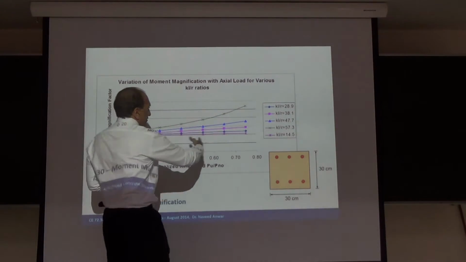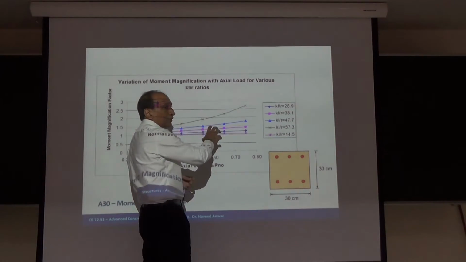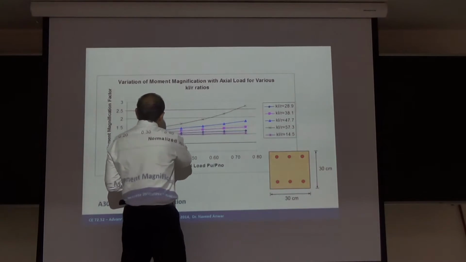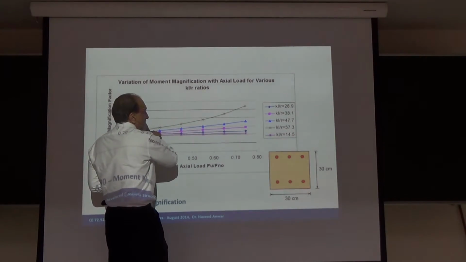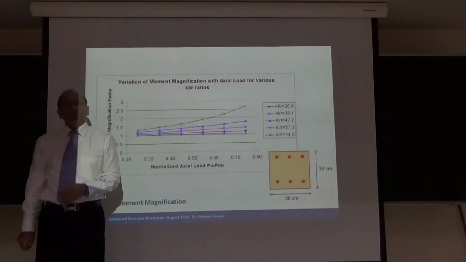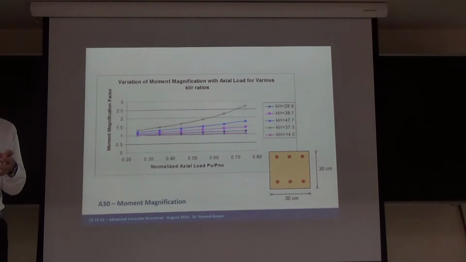Very heavy loads and very long columns, but the important thing is here: at a certain point of KL over R, it becomes very unstable. So you need to stay away from that range. If you go to that column size and KL over R, it starts to become readily unstable.